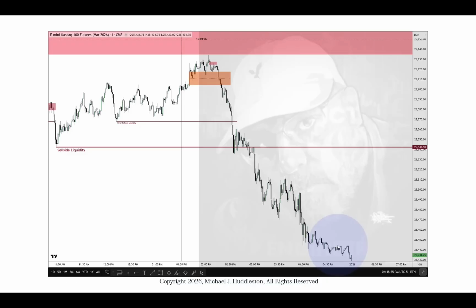Now, why did this run up here like that and then sell off? What makes that happen? And if you're looking at just simply 1 minute charts or 5 minute charts or 15-minute charts or 1 hour charts, you're not going to get what you need. You have to have a proper top-down analysis, and you have to at least consider the daily chart.